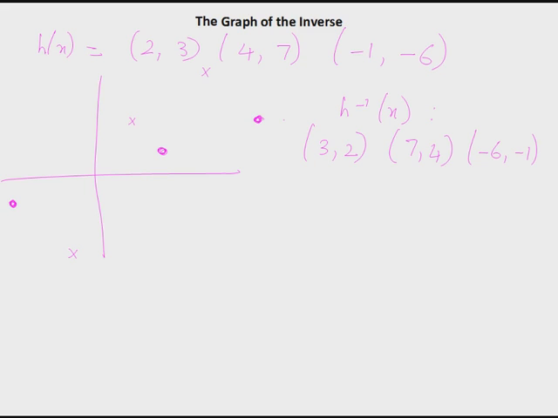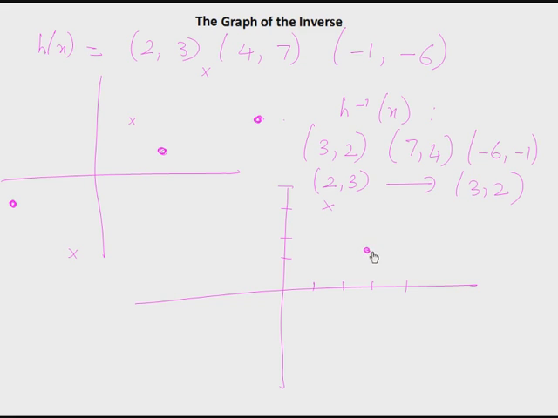So let's see what's happening to one typical point. So let's look at (2, 3). (2, 3) is going to (3, 2) in the inverse. Let me plot (2, 3) properly. So (2, 3) is here. And it goes to (3, 2).